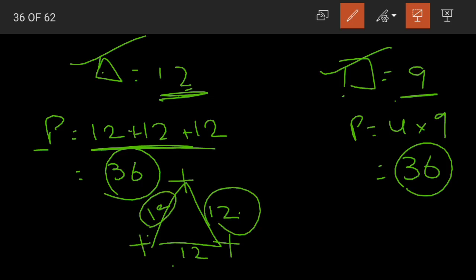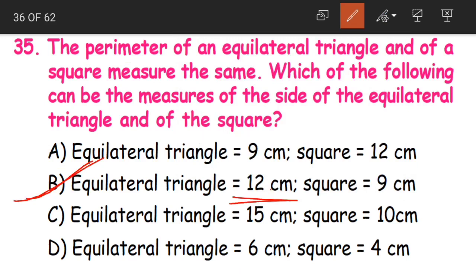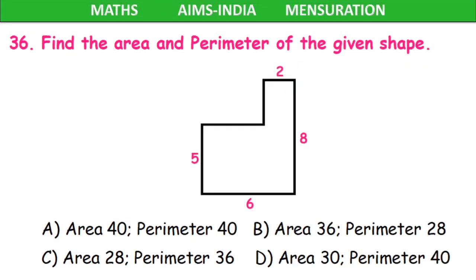So 12 plus 12 plus 12 gives us 36. I hope this is clear. Both the perimeters are equal, so option B is our required answer. The side of the equilateral triangle is 12 centimeters and the side of the square is 9 centimeters.